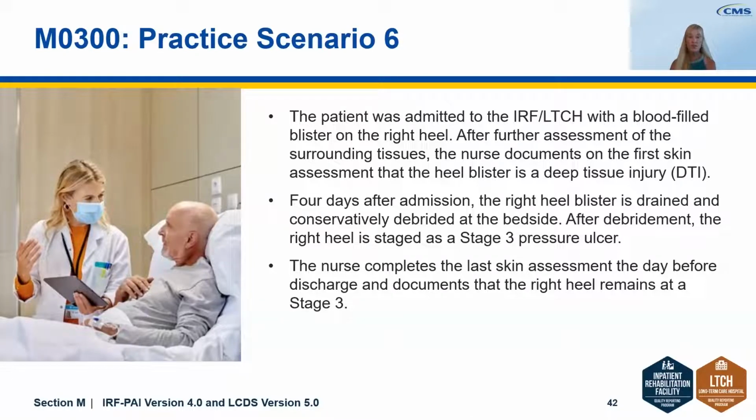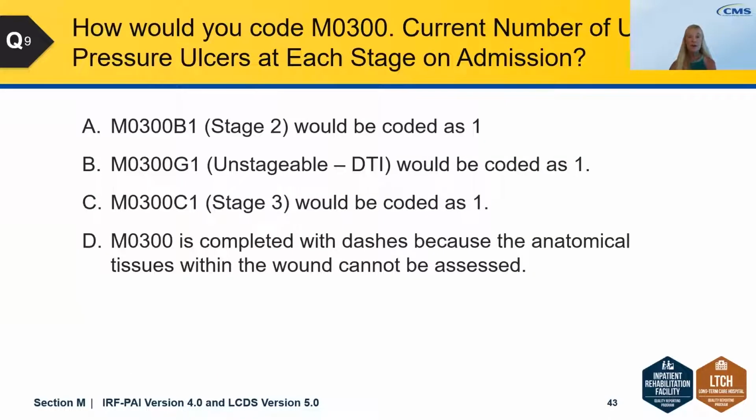Four days after admission, the right heel blister is drained and conservatively debrided at the bedside. After debridement, the right heel is staged as a stage 3 pressure ulcer. The nurse completes the last skin assessment the day before discharge and documents that the right heel remains stage 3. So how would you code MO300 on admission?